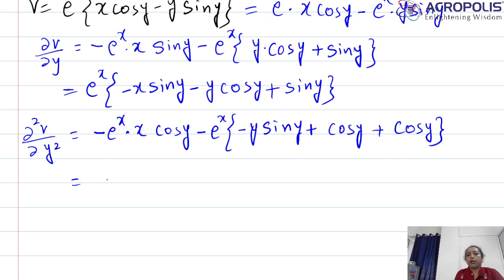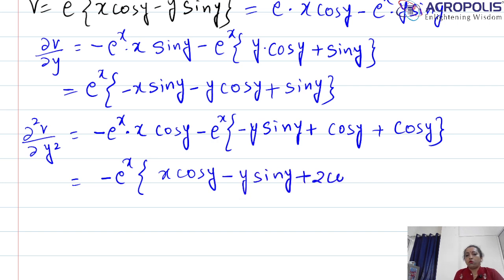So here I am getting minus e to the power x (x cos y minus y sin y plus 2 cos y). This is equation number 2.